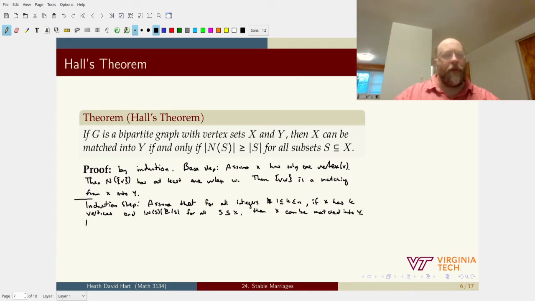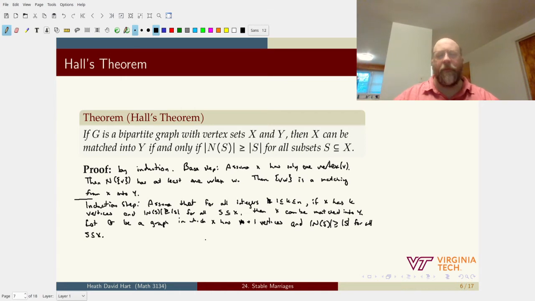We're going to assume then, let G be a graph in which X has k plus 1 vertices, or n plus 1 vertices, but still satisfies this condition, and N of S is greater than or equal to S for all S subset of X. Okay?